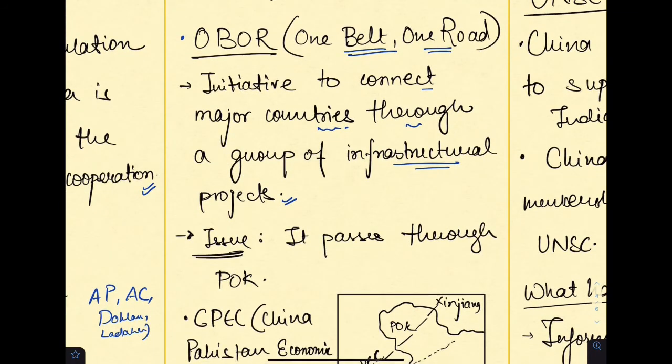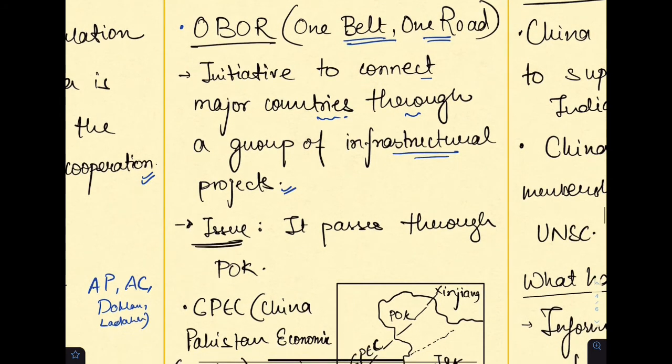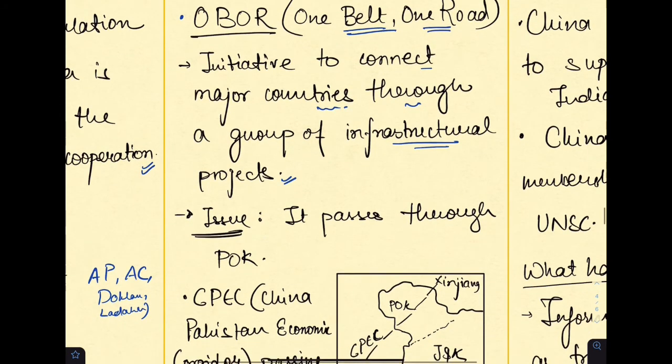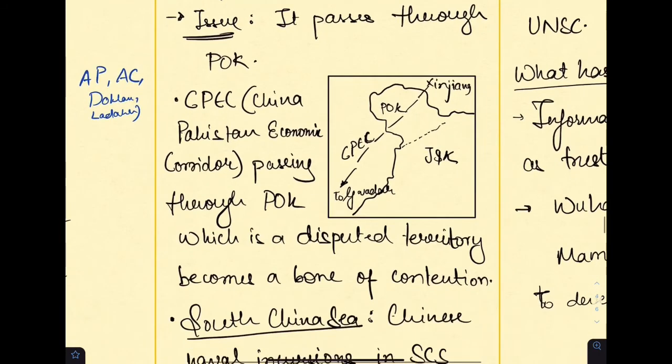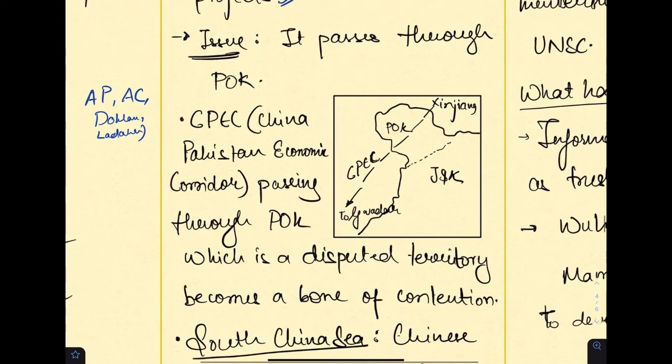In this, China is investing in the countries' infrastructural projects, and then using that road for logistics, transport, etc. The one issue is that it passes through POK. POK is Pakistan occupied Kashmir.